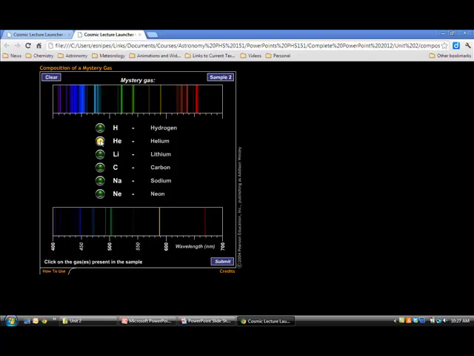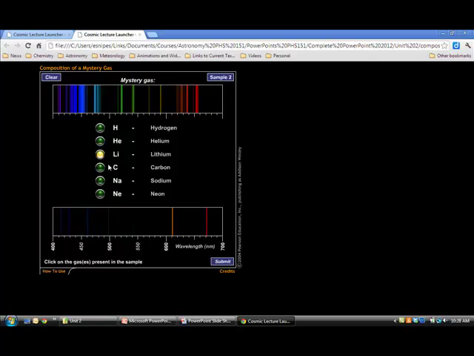So let's look at helium. Notice I see this nice strong spectral line here, yellow, and I don't see it up here. And so helium must not be in there.